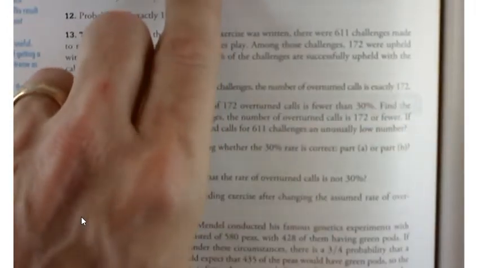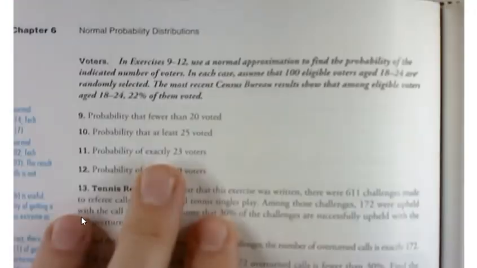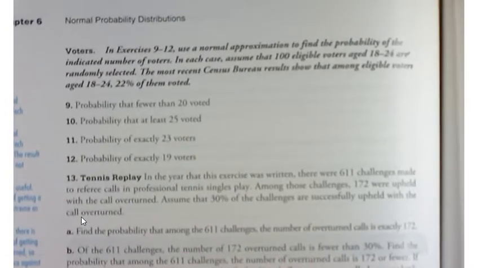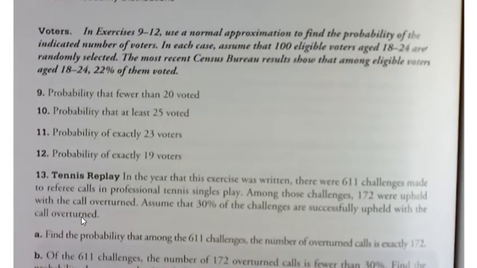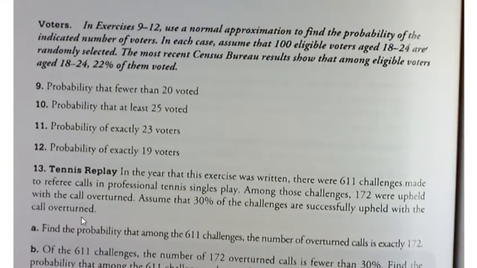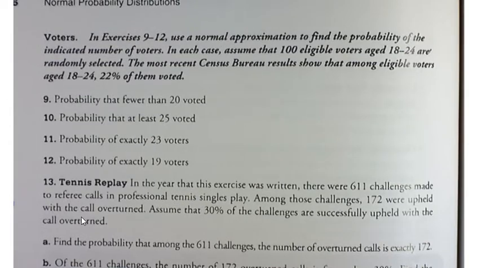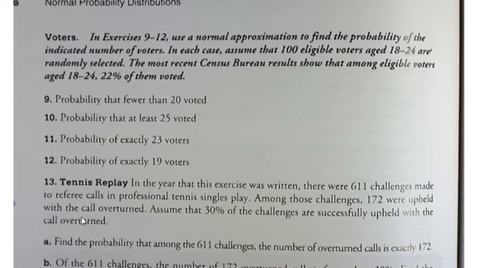Now these all reflect back to the description up above here, which is find the indicated probability of the indicated number of voters, assuming that 100 eligible voters are randomly selected. And let's see, where's the probability of success?